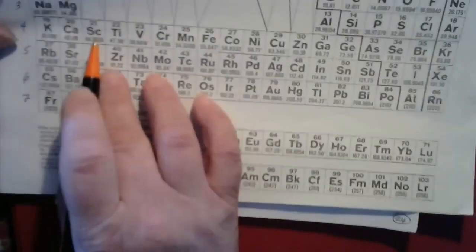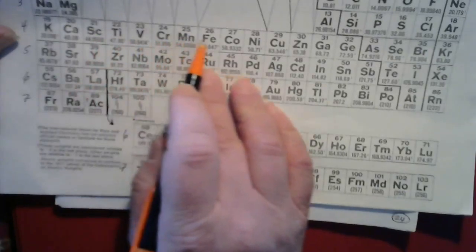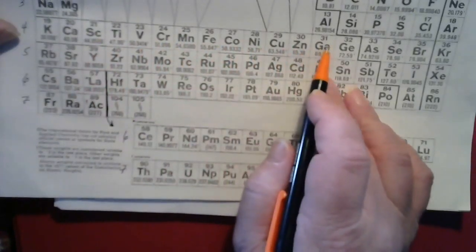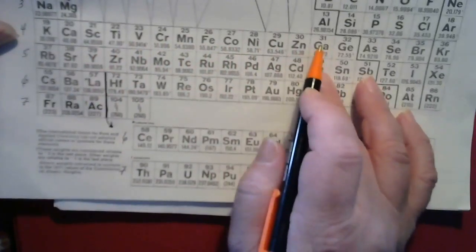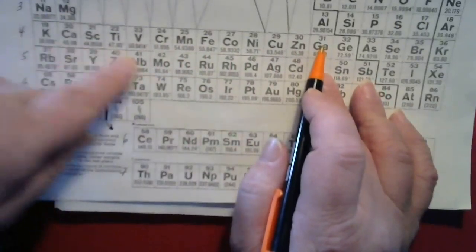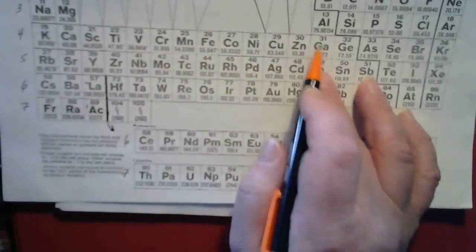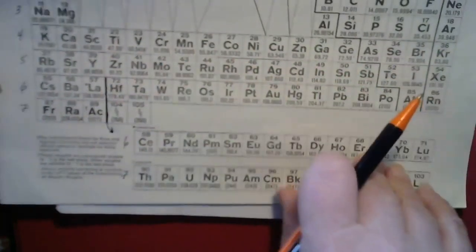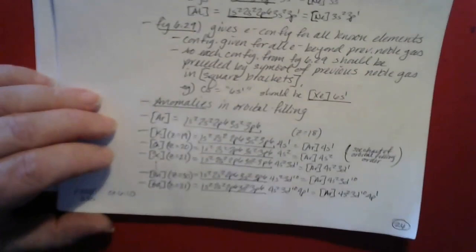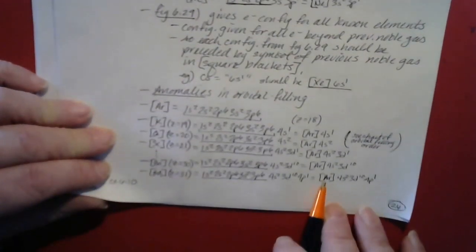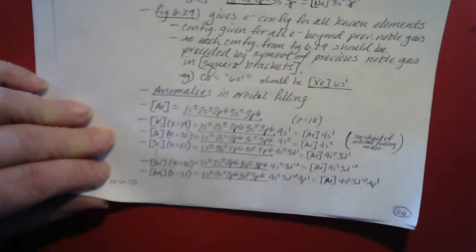And then it goes across d1, d2, d3, and so on until you get to 3d10 for zinc. And only then do you start filling the 4p orbitals with gallium. Gallium would be argon 4s2, 3d10, 4p1. And again, you can see that just from the periodic table.